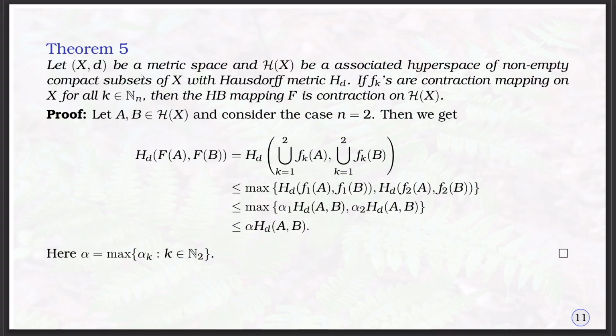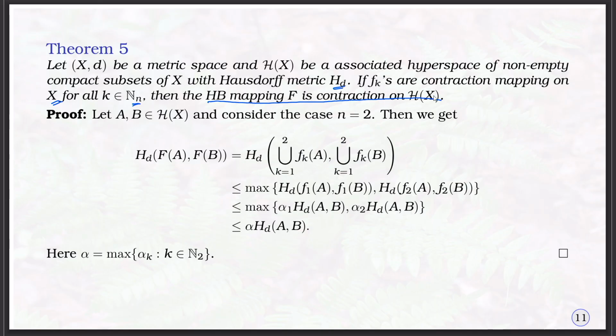Let X, d be a metric space and H of X be the associated hyperspace of non-empty compact subsets of X with Hausdorff metric HD. If the Fk's are contraction mappings on X for all k belonging to 1 to n, then the HB mapping F is also a contraction on H of X.